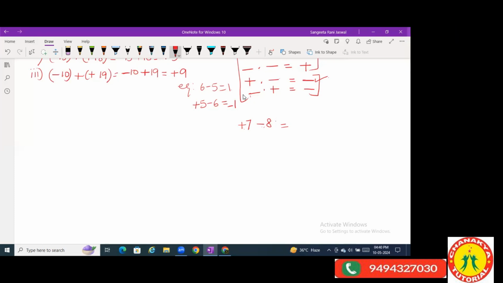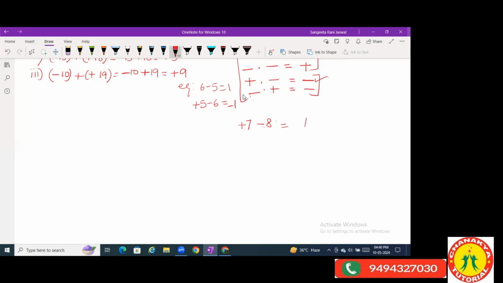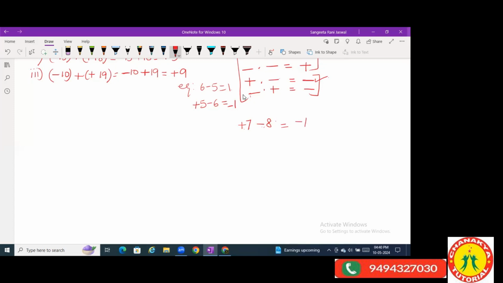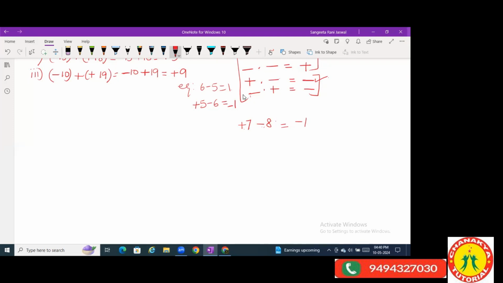So 8 minus 7 is 1, and whatever is the sign of the bigger number, that you put in front. So first you subtract as usual, then put the sign of the bigger number. We'll do more sums on this.